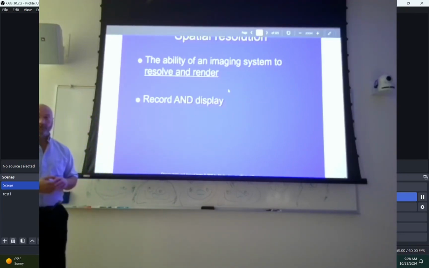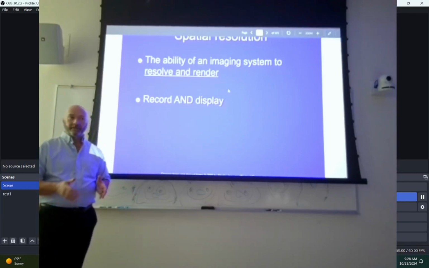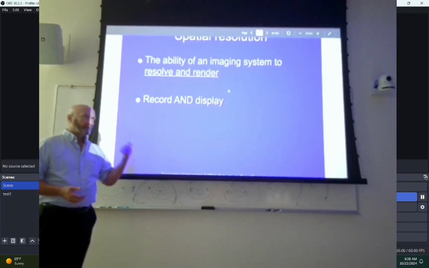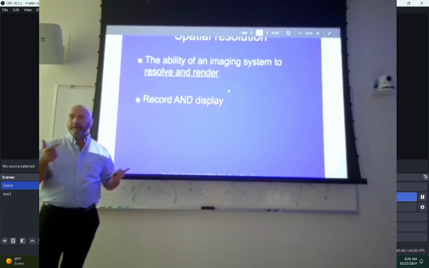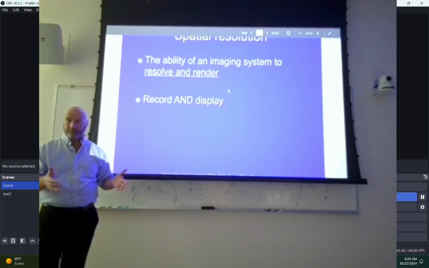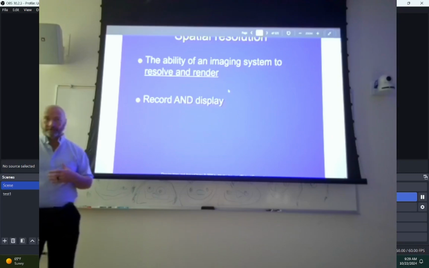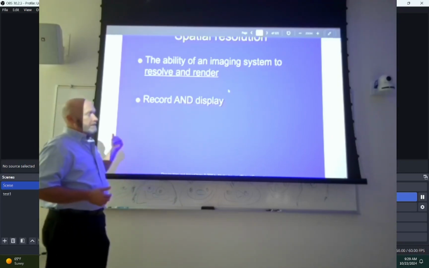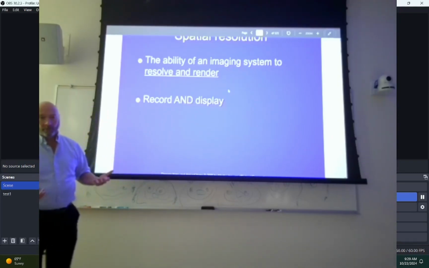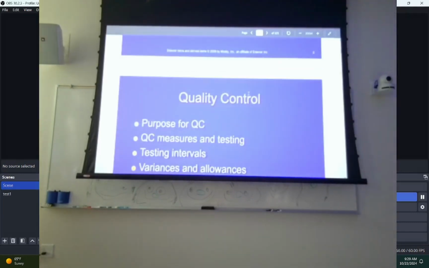No, very high resolution, as they well should be, right? So the image that you see is low resolution, even though you might have used small focal spot, low OID, and long SID on high resolution image receptors. Your image display is not that good compared to the radiologist. So it's not just being able to record, but also being able to display that high resolution that gives us spatial resolution. Record and render.